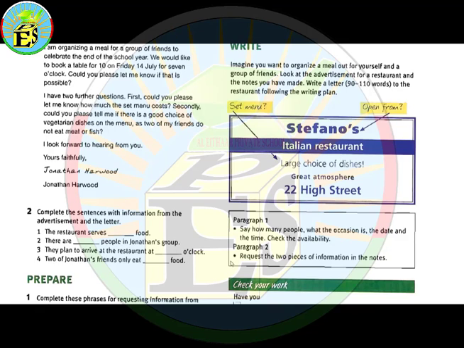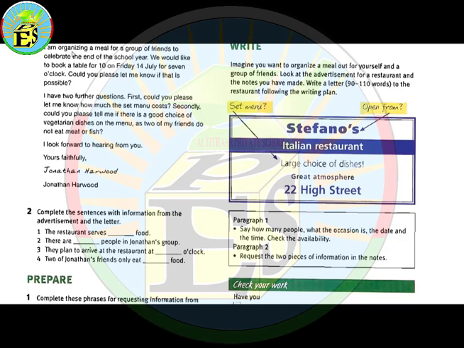The plan that you need to follow is to write in this box, the one under the advertisement, and you must write in 2 paragraphs. In the first paragraph, you have to say how many people are coming with you, or how many people you are going to invite. What is the occasion?